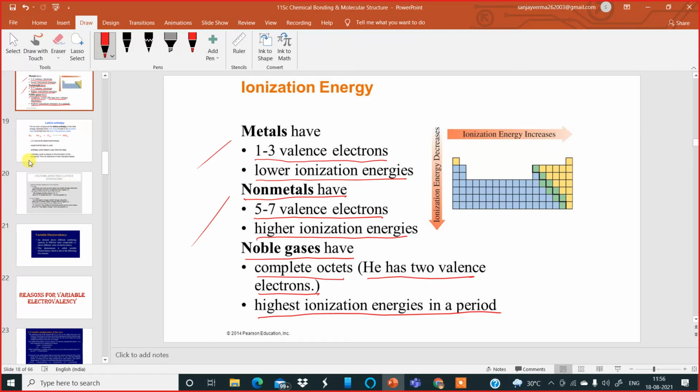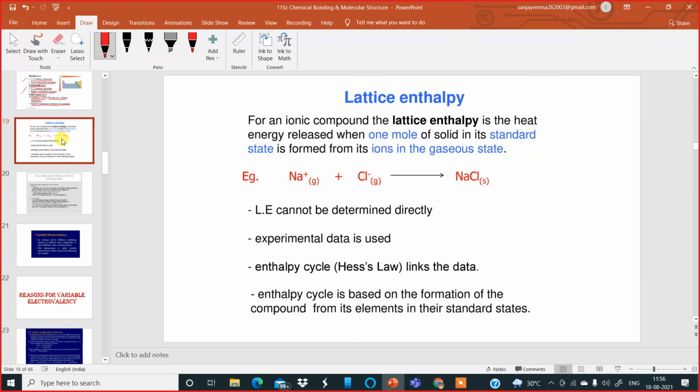Now talking about the important point with regard to lattice enthalpy, lattice energy. For an ionic compound, the lattice enthalpy is the heat energy released when 1 mole of a solid substance in its standard state is formed from its ions in the gaseous state.